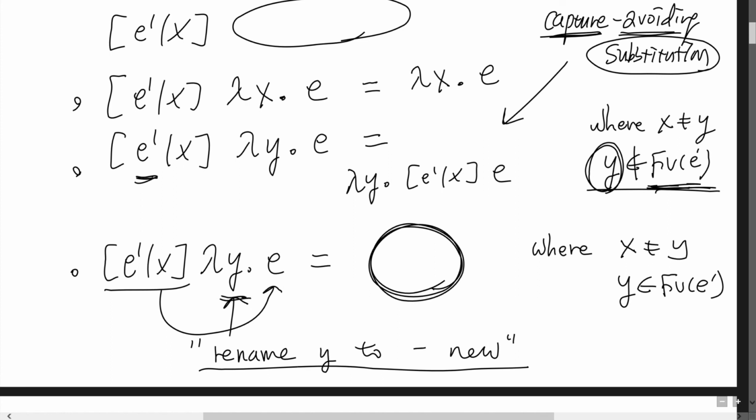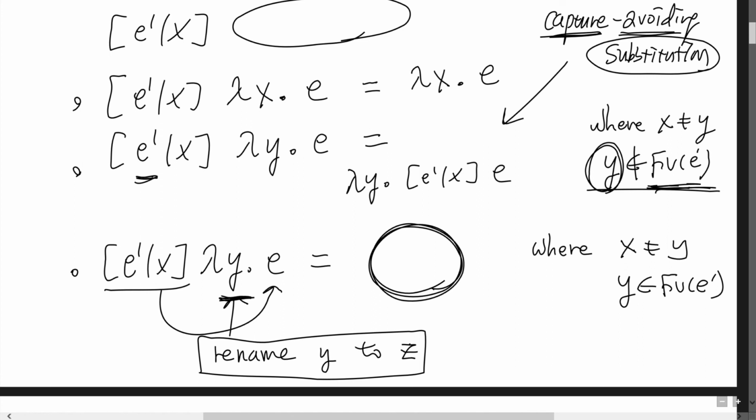Let's just say variable z. So the plan is we rename this bound variable y to the new variable z, and then move the substitution inside the body of this lambda abstraction.